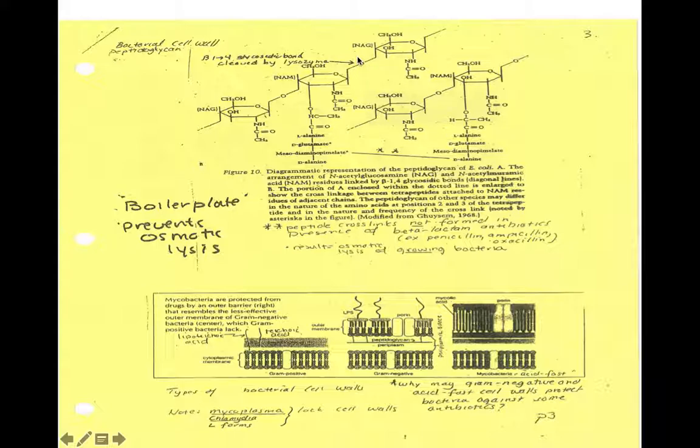Animals make lysozyme to protect themselves against invading bacteria. And then down here, we'll come back to this. These are cross sections through 3 different types of bacterial cell walls, and we'll come back to this because we want to be able to identify these cross sections and the components of the 3 different types of bacterial cell walls.